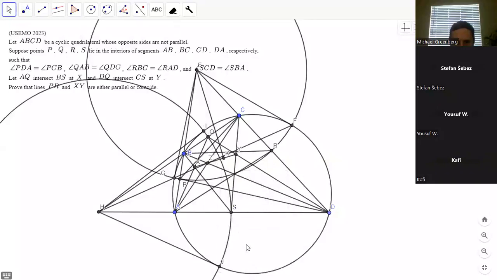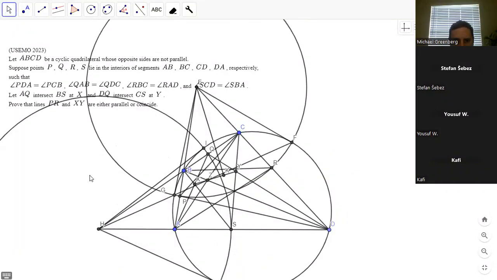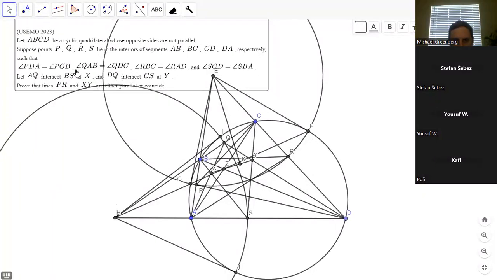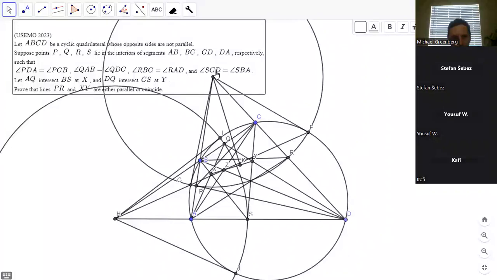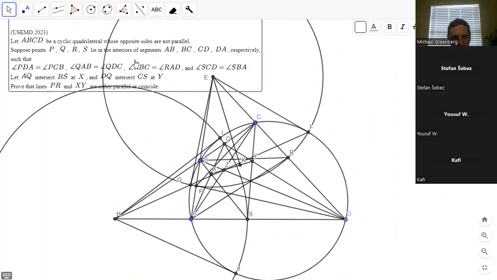So we have angle XSQ is equal to angle HSQ minus HSB.